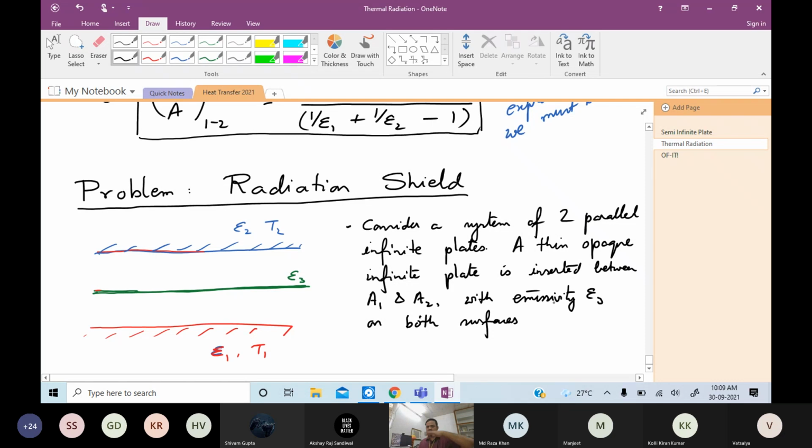It's a sheet, so it has two surfaces, top and bottom. The emissivity is epsilon 3.